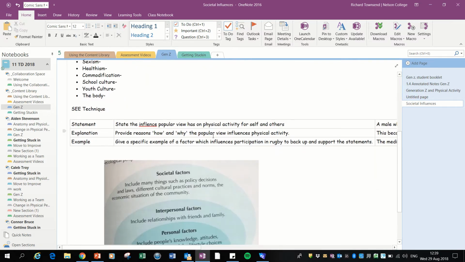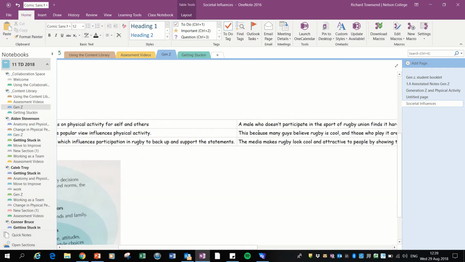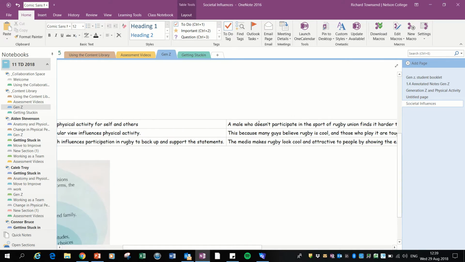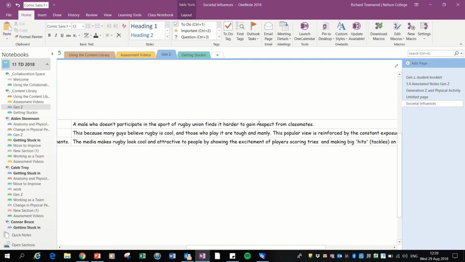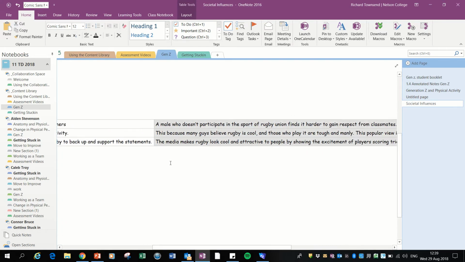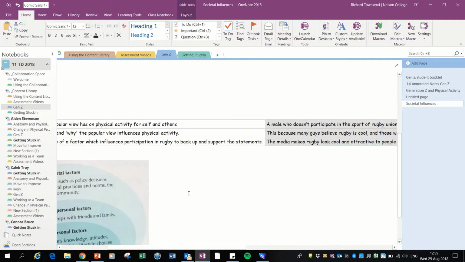Remember using these techniques: statement, explanation, example. So you basically have to state what the influence of a popular view might be, and here's an example in more detail. And then it's got examples over here as well.